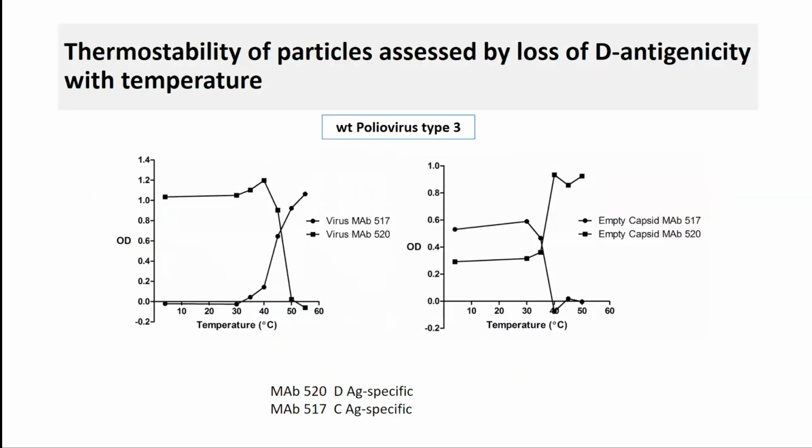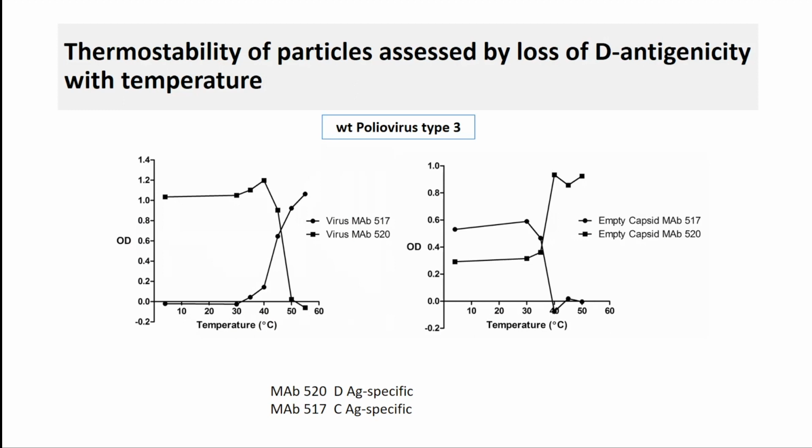So this demonstrates the inherent problem with empty capsids. On the left, you see the antigenic reactivity of virus particles as you progressively heat them, with two monoclonal antibodies which recognize either the antigens diagnostic of the D-antigenic form, the virus form, or the C-antigenic, the ineffective empty capsid form.